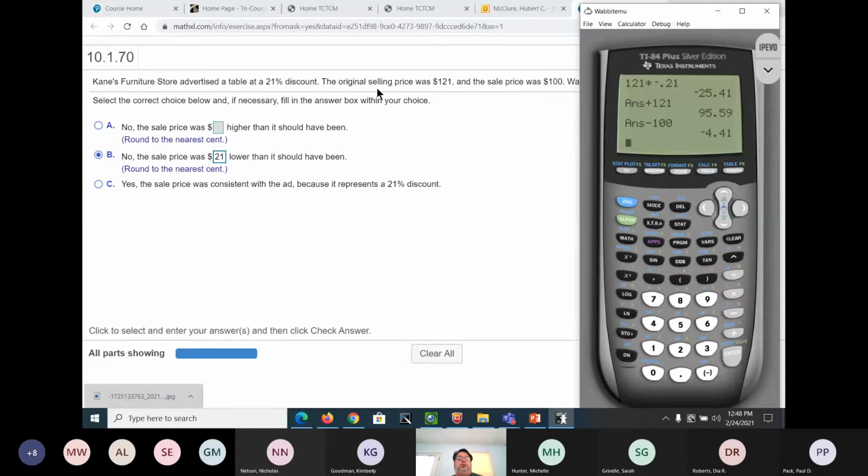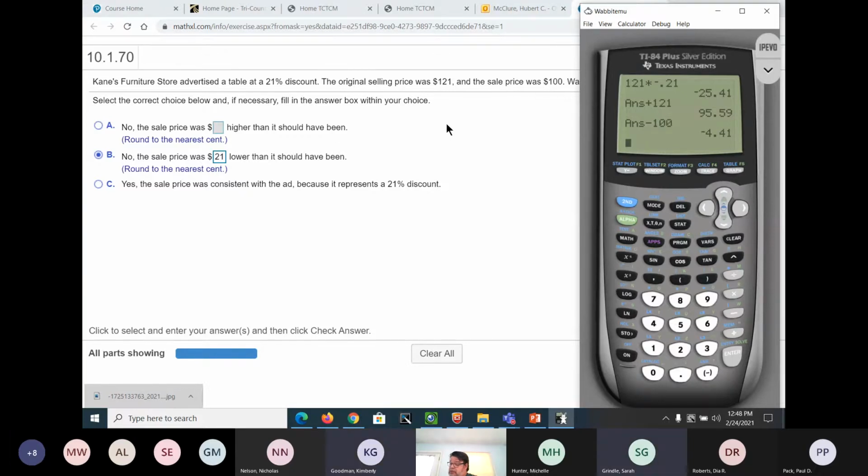Okay, 21%. The original price was 121. So that'd be 121 minus the percentage of 121 is equal to 100. Isn't that what I did? I think that's what I did.